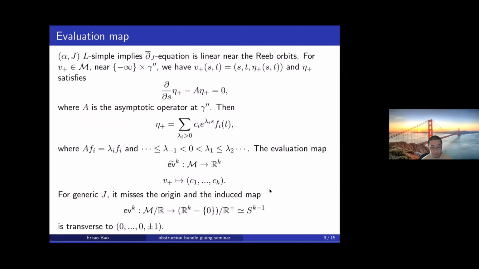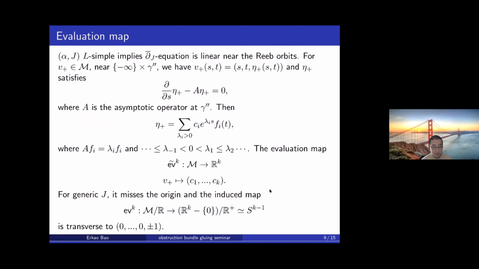So we actually use the coordinate (s,t) in the target to parameterize the domain. And then the eta plus, this part satisfies this equation. So this is a J-holomorphic curve equation.